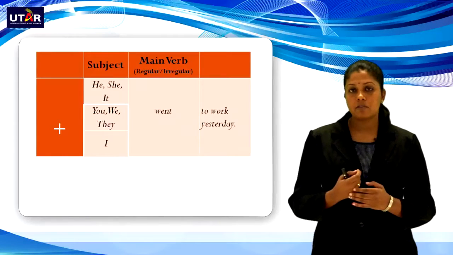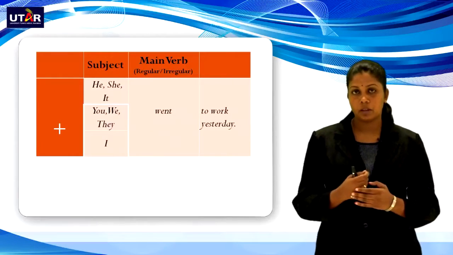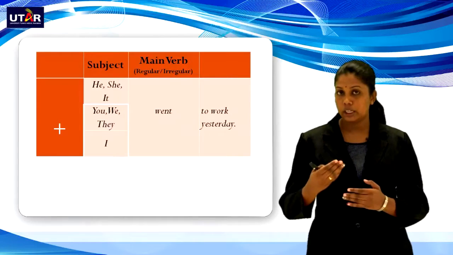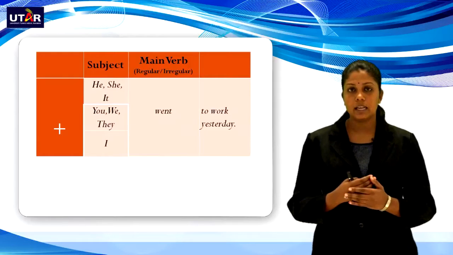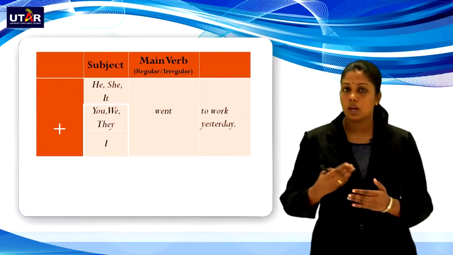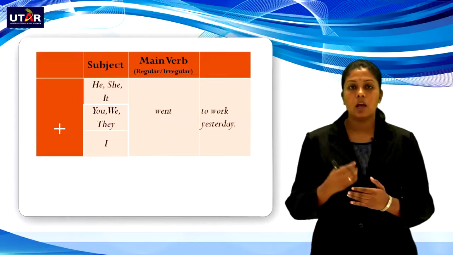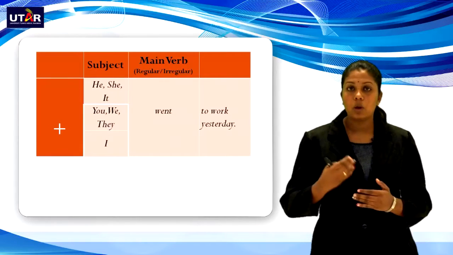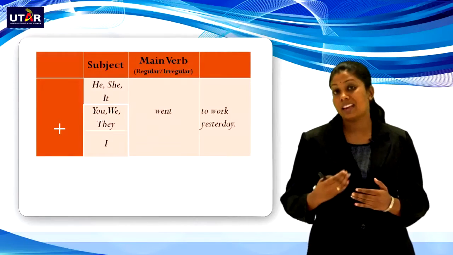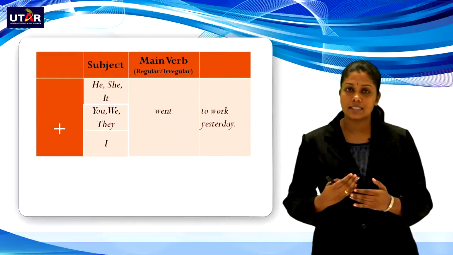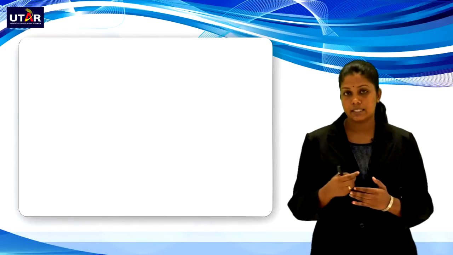Went is the past form of the verb go. So he went to work yesterday, she went to work yesterday, it went to work yesterday, you went to work yesterday, we went to work yesterday, they went to work yesterday, and I went to work yesterday. All these sentences are affirmative sentences.